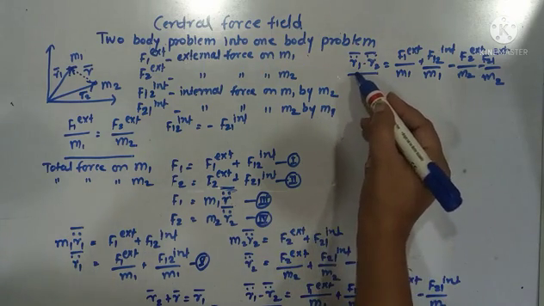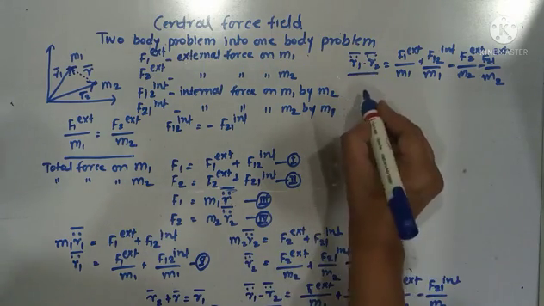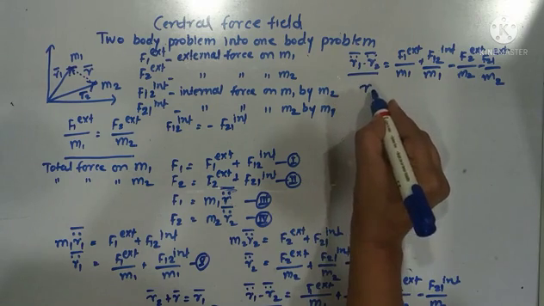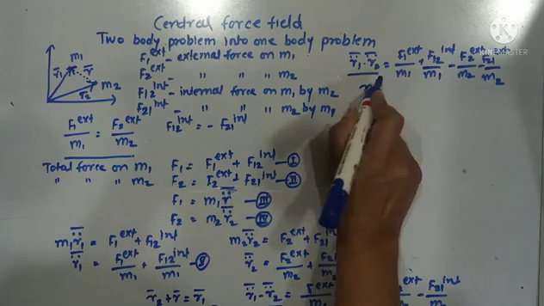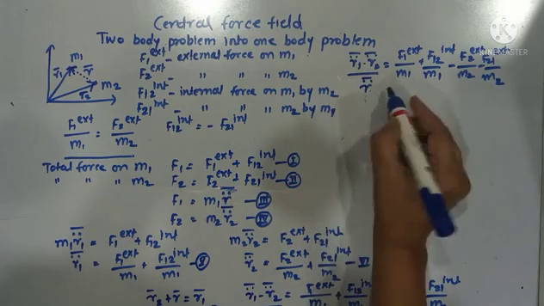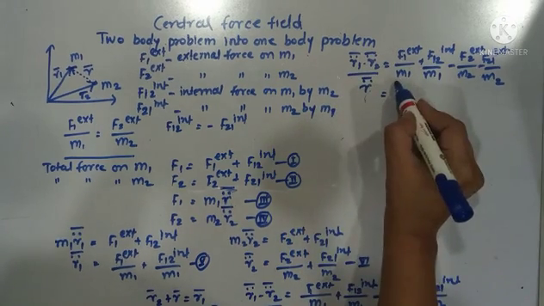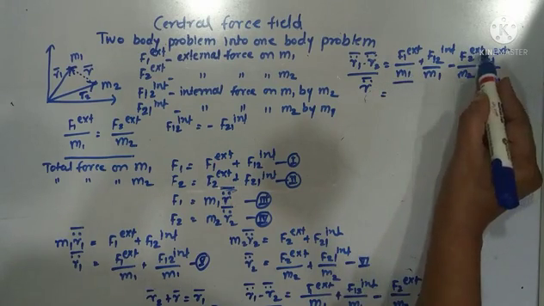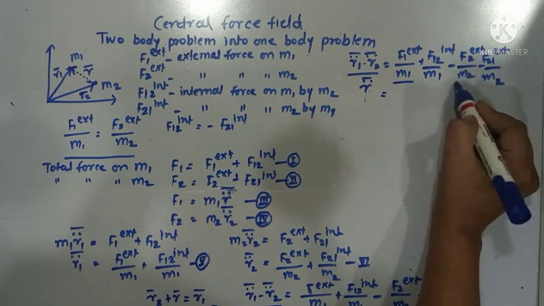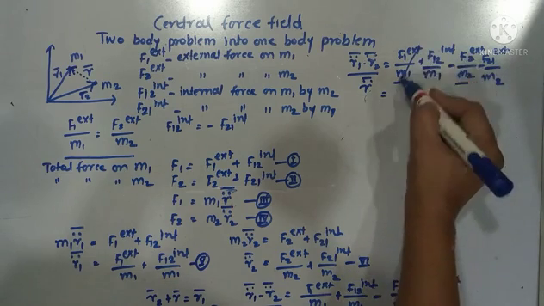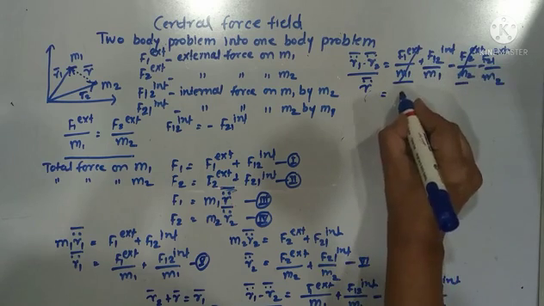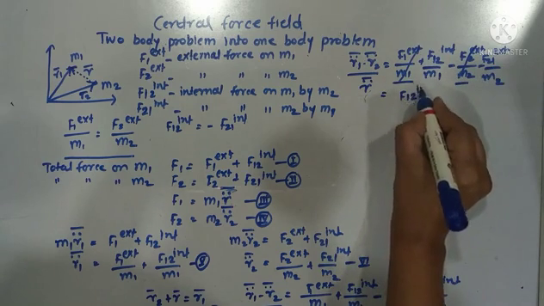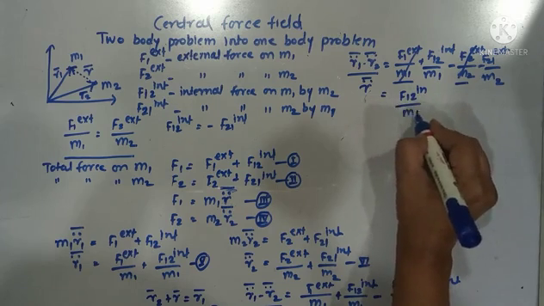Now I can replace this r1 minus r2 by vector r double dot, and as we know that f1 external upon m1 and f2 external upon m2 are equal, these two terms will get cancelled, and I can write f12 internal upon m1.